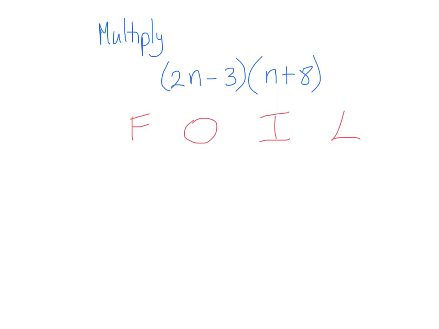So what does that mean? The F means first, the O means outer, the I means inner, and the L means last. Our first term here is 2n, and our first term here is n.